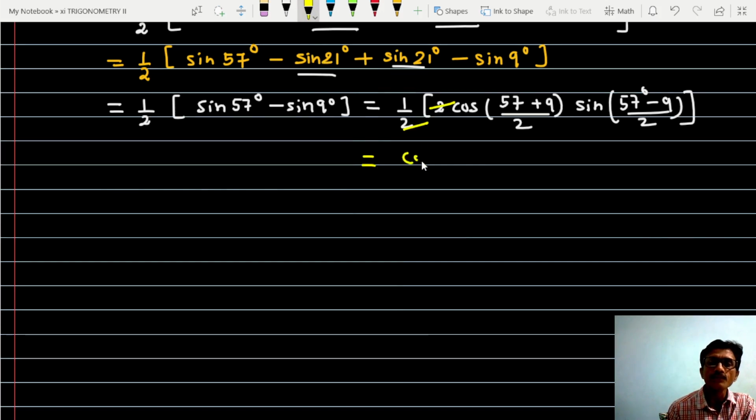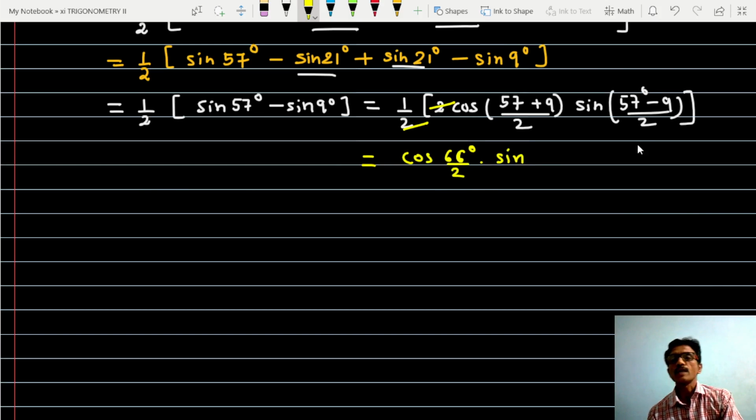Cos of 66 degree upon 2 into sine of 48 degree upon 2.